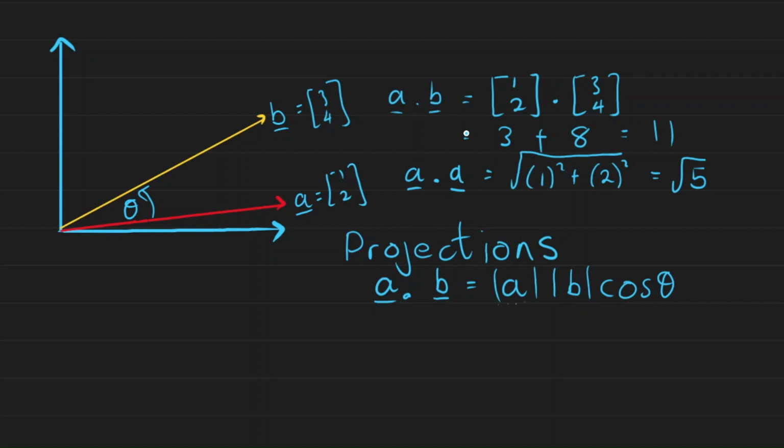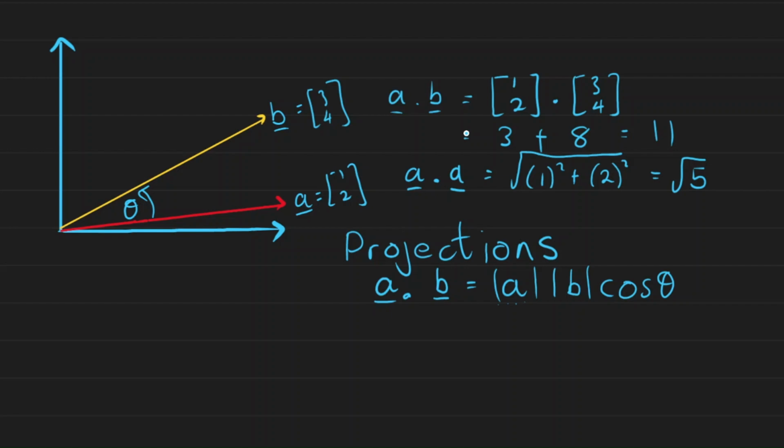The magnitude of A remains as is, and then we're multiplying it by B cos theta, and B cos theta is the proportion of B that is in the direction of A. So the dot product is looking at how similar these two vectors are to each other. If B was in the direction of A, theta would be equal to 0, and cos of 0 is 1. So that would just be the magnitude of A times the magnitude of B.